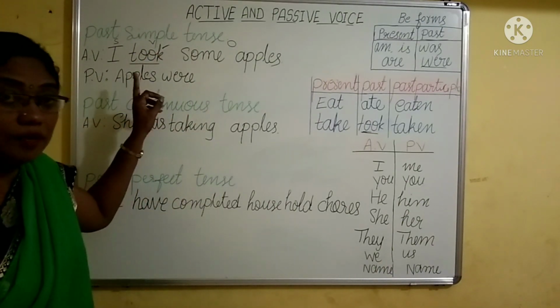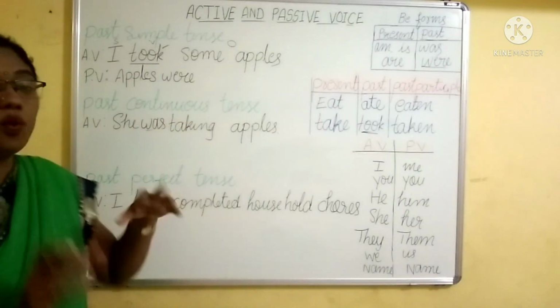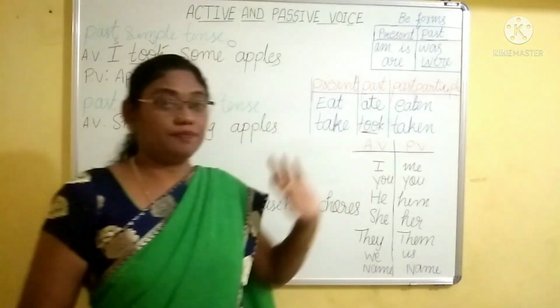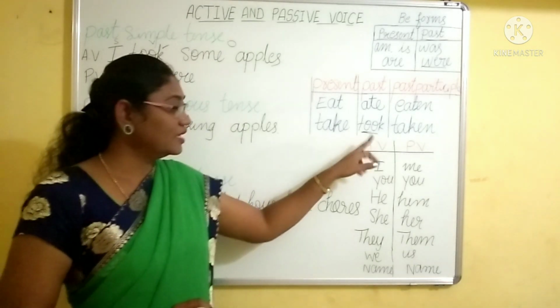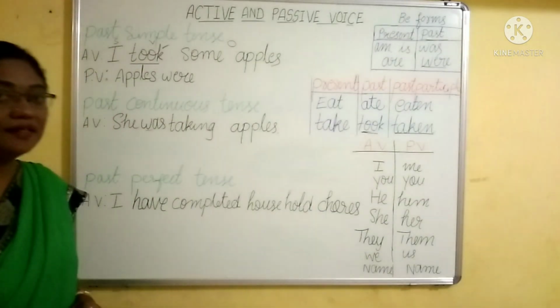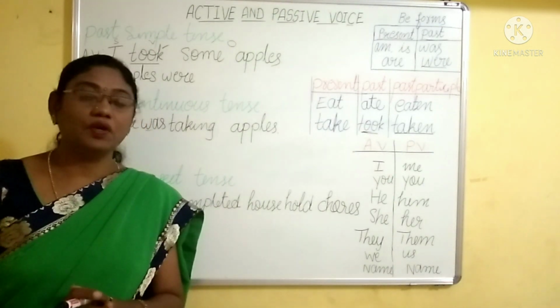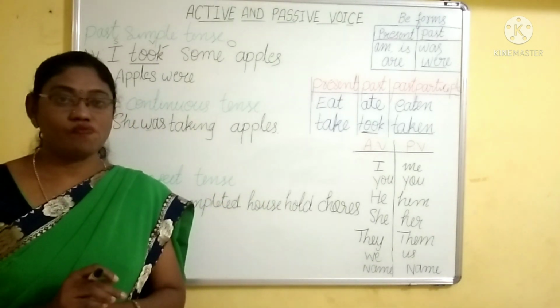the verb will be changed into V3. I mean the past participle. Take is present, took is past tense, and taken is the past participle. Right. In passive voice, we have to write only the past participle. Clear?